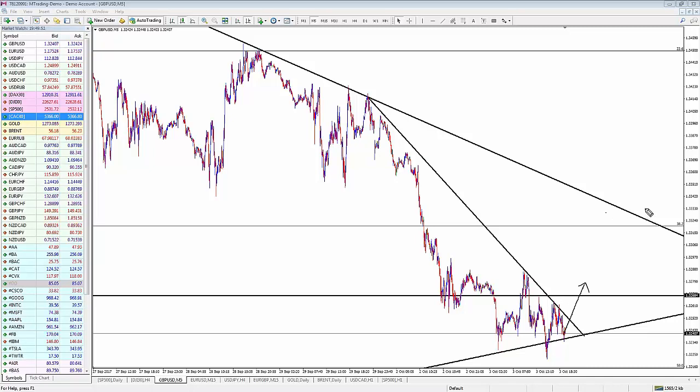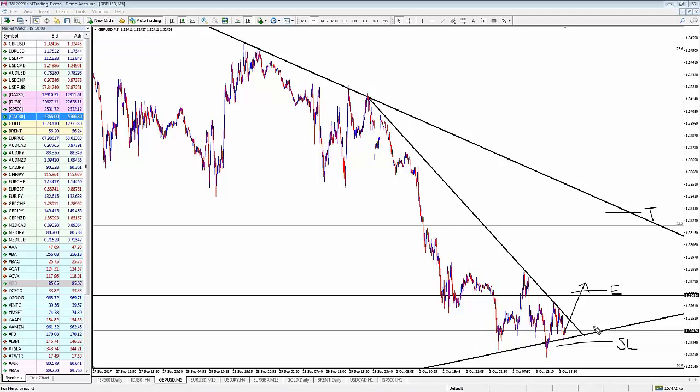This could be your potential target area. Your entry could be in this region here, and your stop loss could be placed below the low in this region here. That will be the idea if you're taking trades based on macroeconomic data, gauging sentiment, back testing, and then finally your technical analysis.